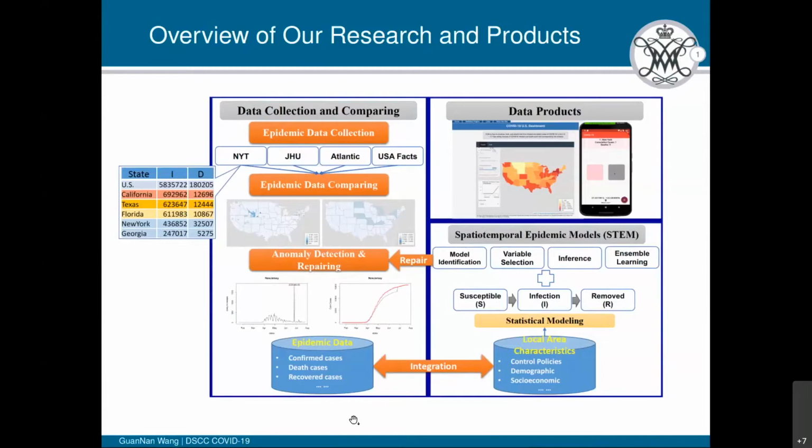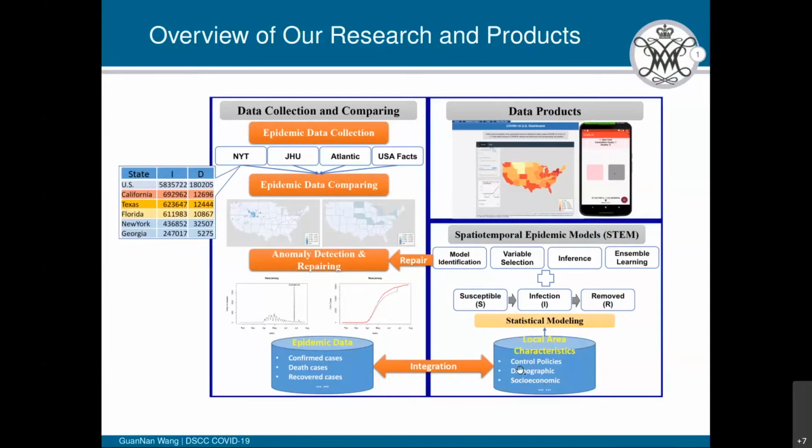Meanwhile, we also noticed that not only the epidemic data is important, local community factors might also influence and shape the spread of COVID-19, such as mobility, demographics, and socioeconomics. We also collect those auxiliary information at the county level, and we combine all of them together with our epidemiologic data.